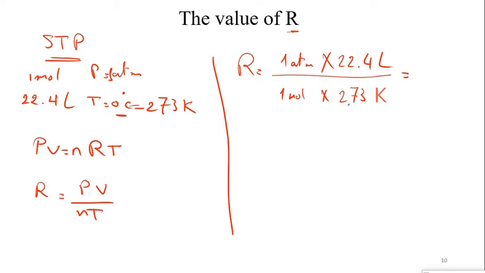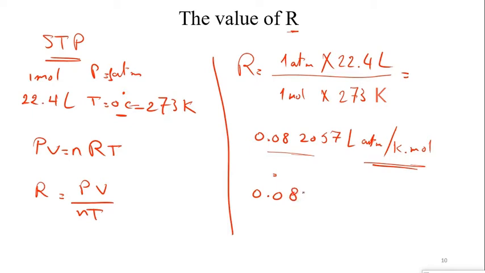This would be equal to 0.082057. This value has a unit of liter atmosphere divided by Kelvin multiplied by mole. If I try to round off this value, it is equal to 0.082 liter atmosphere per Kelvin per mole.